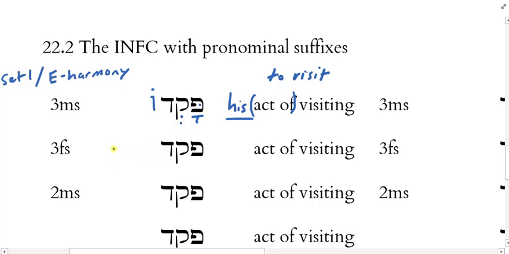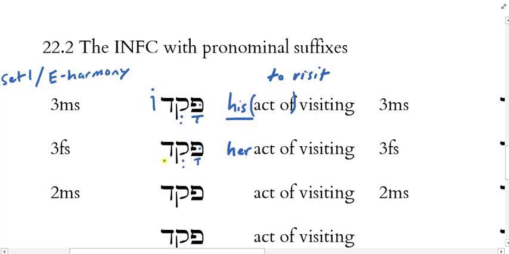All right. What if I want to say her act of visiting? What do I want to add? I want to add a third feminine singular pronoun, but I have to add it to the form of the infinitive construct that takes the pronominal suffixes, which is again the kametz ketuf and the silent shava, pokd.